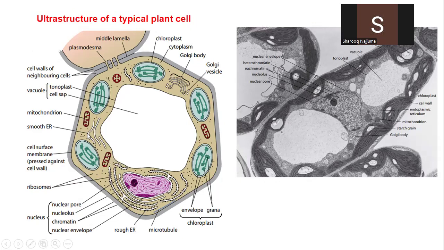All those features play the same roles, the ribosomes, the Golgi body, the roles they play in an animal cell will be the same roles that they play in a plant cell. So in this case, we are just going to look at additional features which are not found in animal cells.